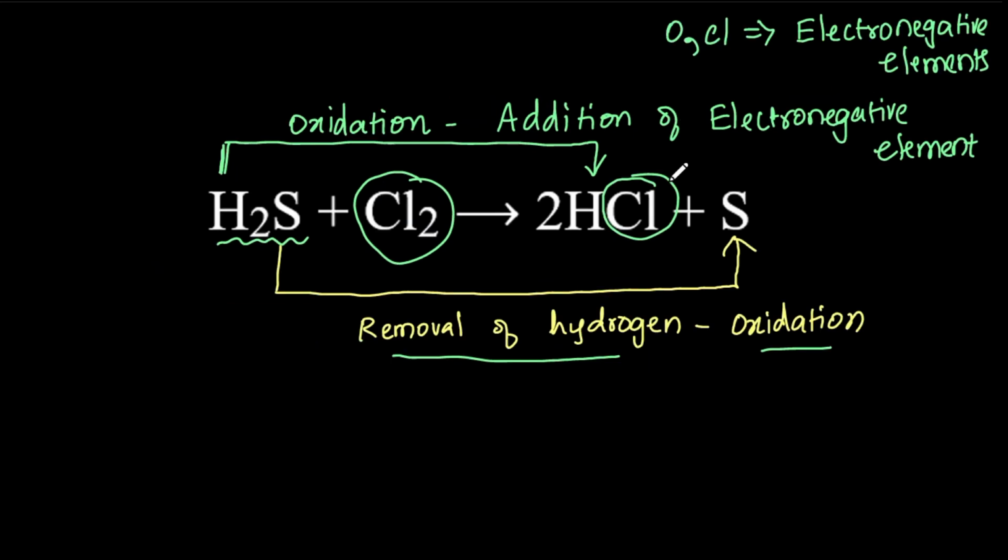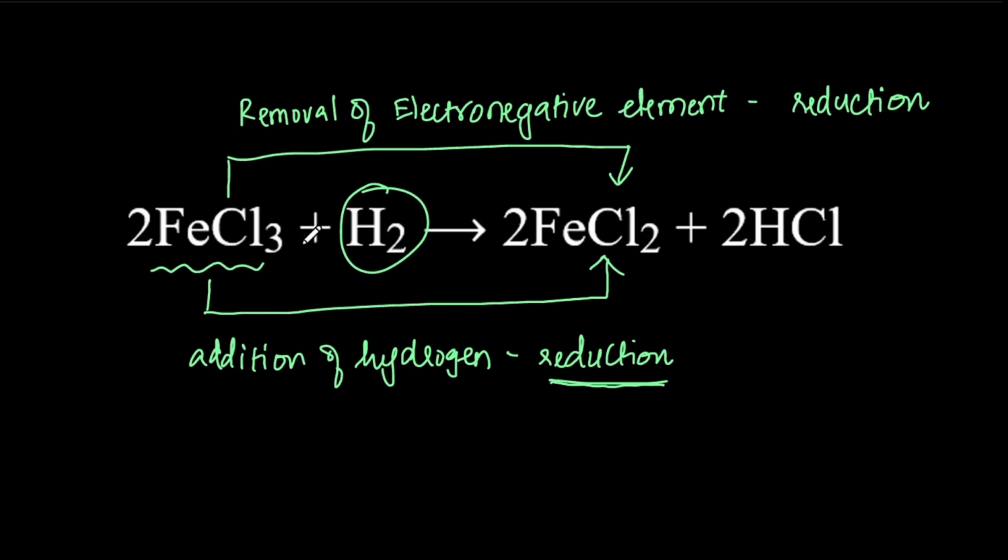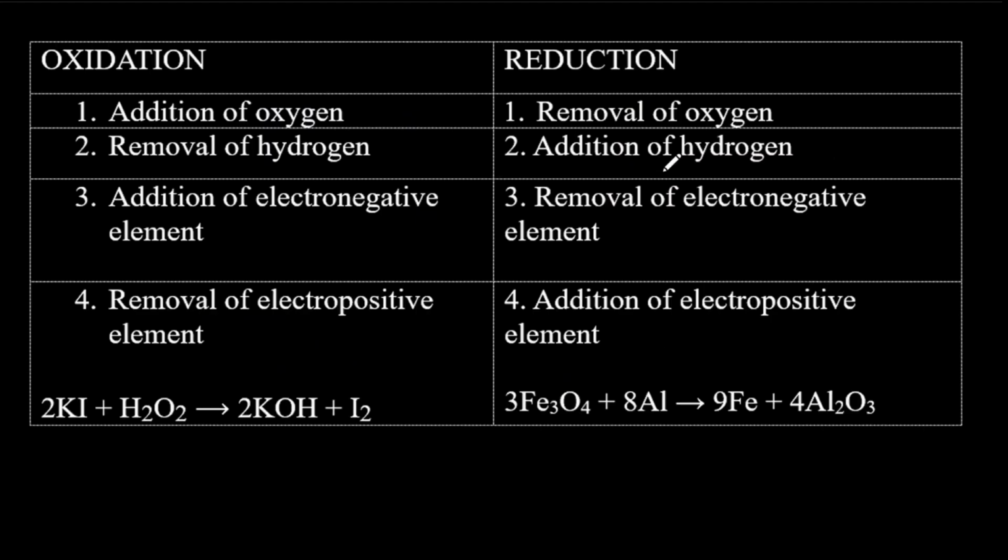In the previous slide we saw addition of electronegative element leads to oxidation, so removal of electronegative element leads to reduction. These are the next definitions of oxidation and reduction. The first definition is addition of oxygen, removal of oxygen, and with respect to hydrogen. Then the third definition: addition of electronegative element is oxidation and removal of electronegative element is reduction.